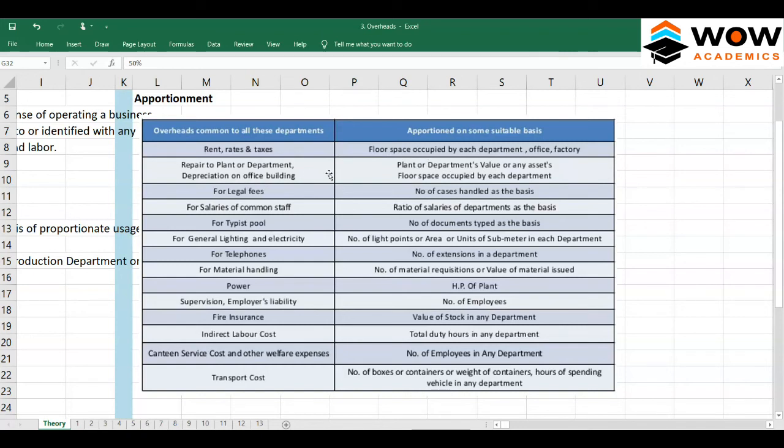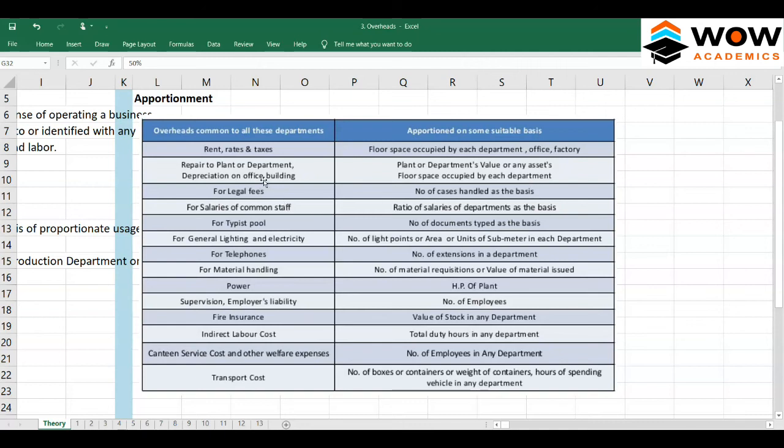Depreciation of office building could be divided on the basis of floor space occupied by each department. So if there are 5 departments occupying a building, we have to divide the entire depreciation cost based upon the percentage of occupation by each department.